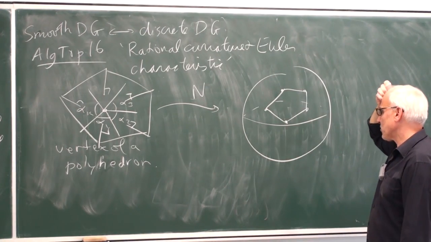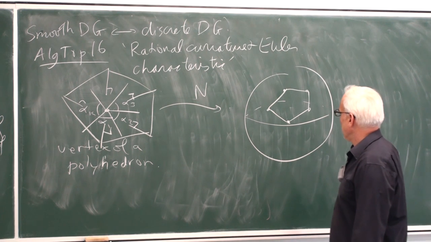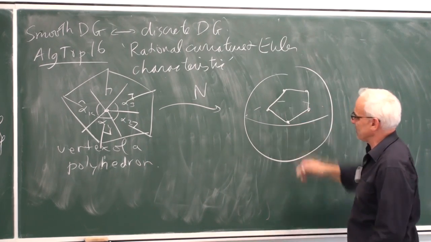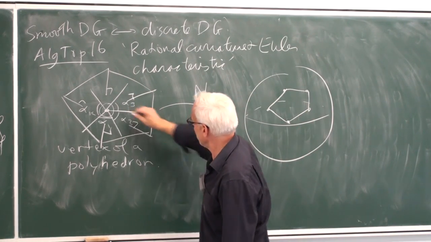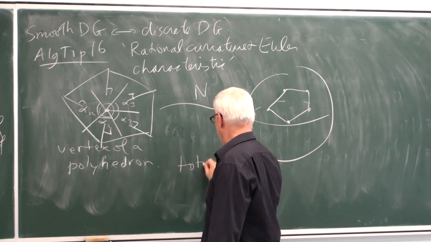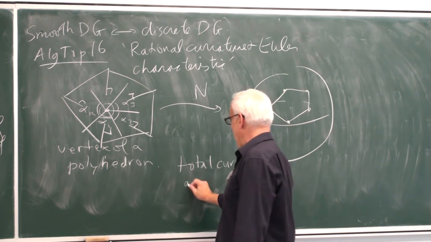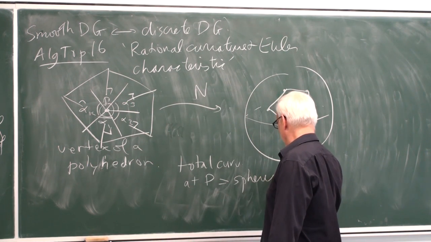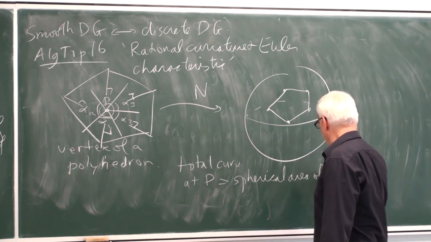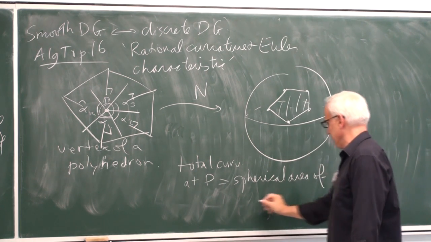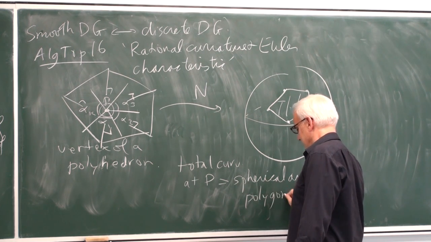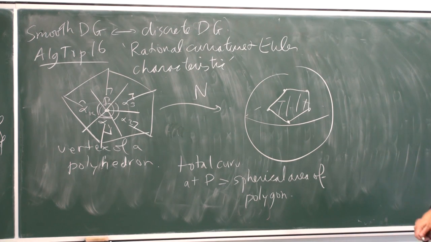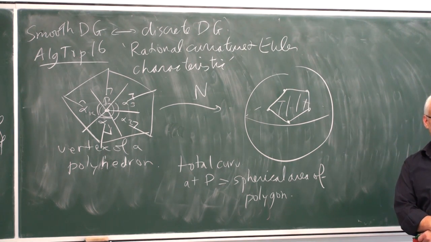And then the really interesting thing is that the total amount of curvature, the total curvature, say at the point P, will be equal to the spherical area of this polygon. And we have to know just a little bit. I have to remind you about the spherical area of a polygon.